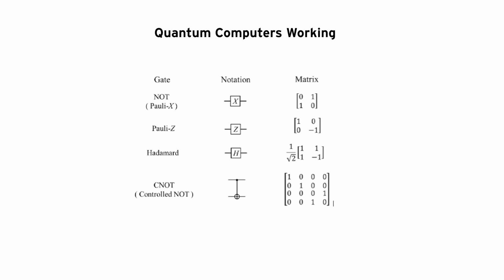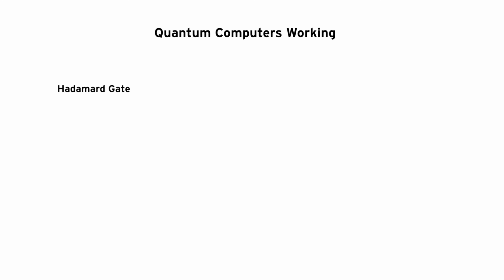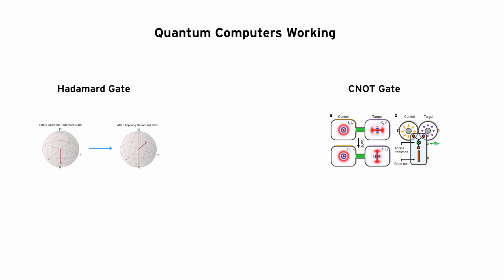Now let's learn in more detail how quantum computers work. To manipulate the qubits, we use quantum gates, which are the building blocks of quantum circuits. These gates are responsible for changing the state of qubits based on the input they receive. Some examples of quantum gates include the Hadamard gate, which places a qubit into superposition, and the CNOT gate, which entangles two qubits.